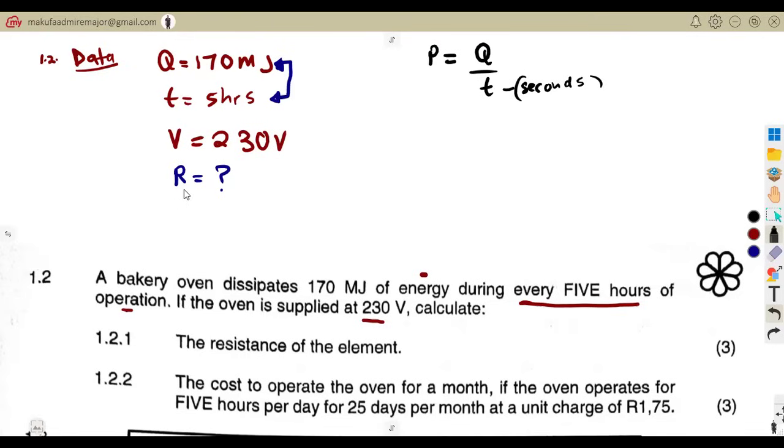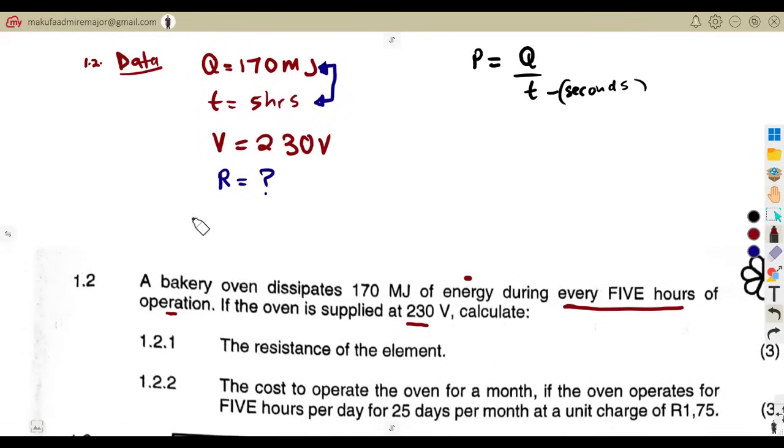And having the power, resistance can be calculated because there are so many formulas that we have for power. Power is equal to VI, so current can be calculated. Power is equal to I squared R, but current is not there.